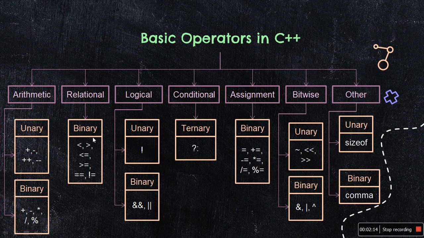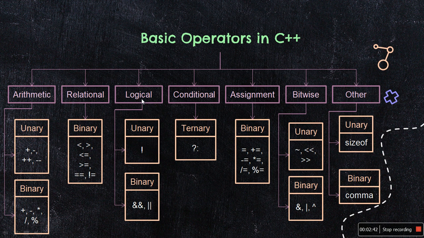Then relational operators are generally the ones which are used to compare the relationship between the values with each other. The symbols that are used are less than, greater than, less than or equal to, greater than or equal to. Then for equality you have double equal to, and for inequality you have exclamation followed by equal to.